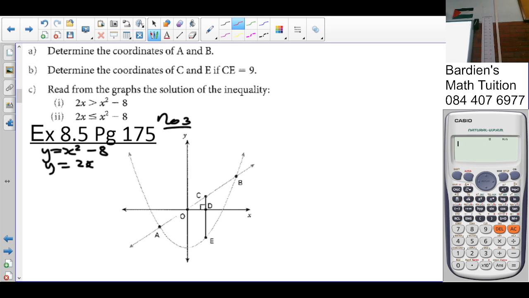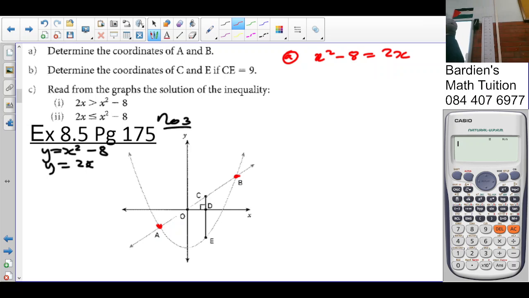So looking at A and B, what do you notice? A and B is the point of intersection of the parabola and a straight line. How do you work out the points of intersection? You set the two graphs equal to each other. So the parabola, x squared minus 8, is equal to 2x.